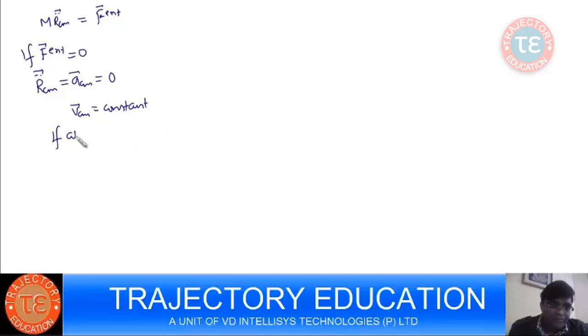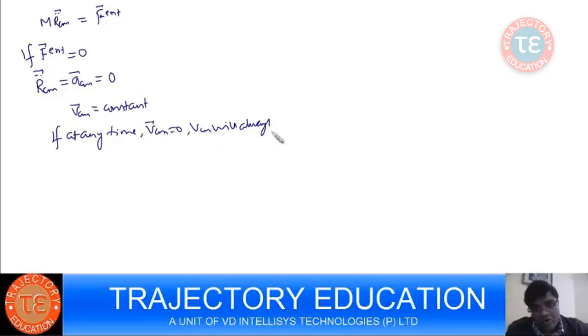And if at any time V_CM is 0, then since V_CM is constant with time, V_CM will always remain 0, and when V_CM is 0, your R_CM is constant.